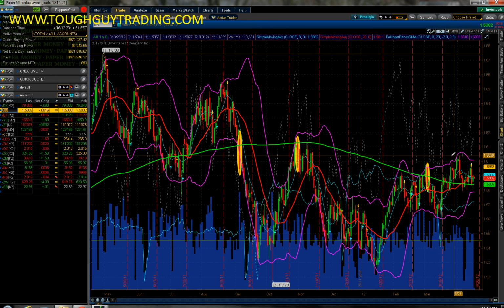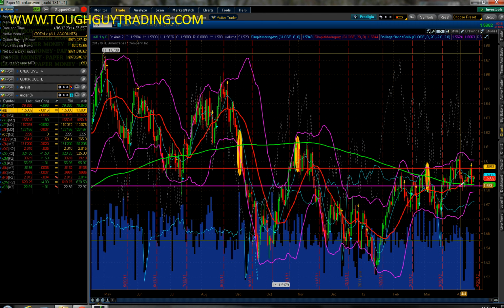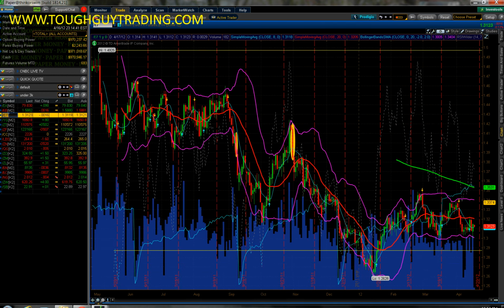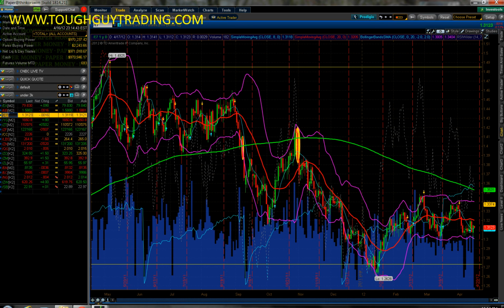Okay, so the next one here is the British pound. Like I said, again, immediate high, immediate low. That's it. Nothing major. I'll go on to the next one. This is the euro, symbol E7.